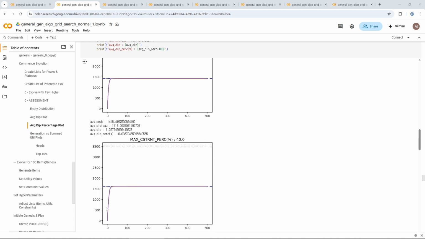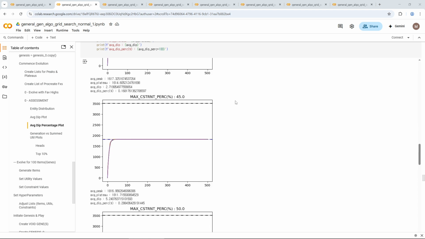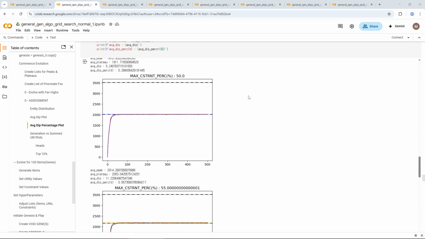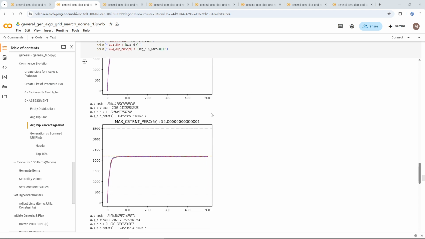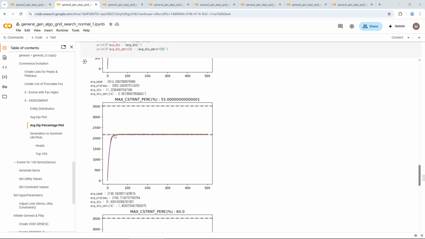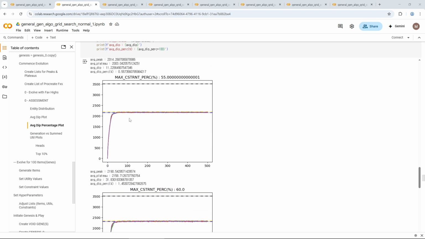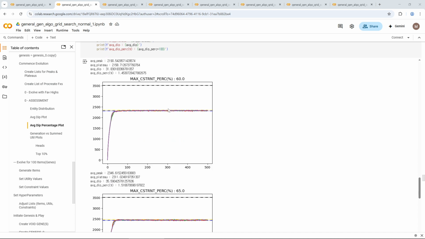But we do now see that slight curve there. 45%, same. 50%, same. 55%. Now we see the peaks and plateaus starting to separate, and we can see those two lines. Plateau in yellow, plateau in blue, and the peak level in yellow.